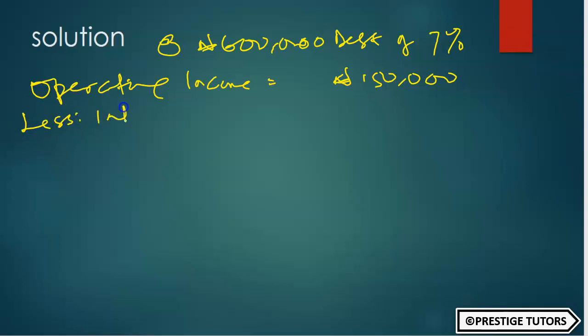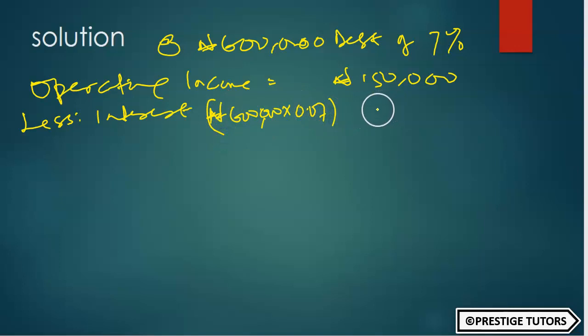Less interest. How do we get the interest? Don't forget what we did earlier. The interest will be 7% of 600,000 naira. That is 600,000 times 0.07.